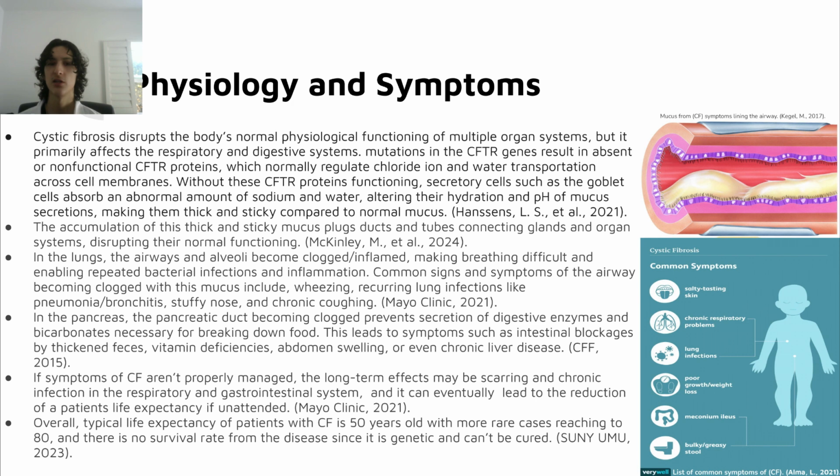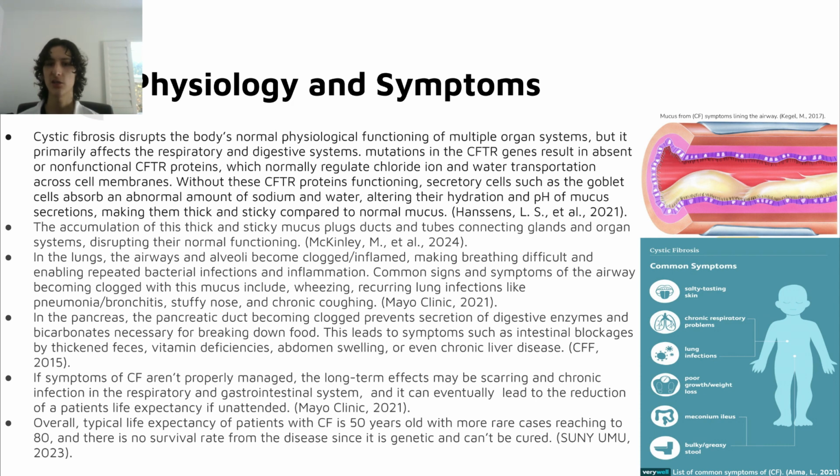In the lungs, the airways and alveoli become clogged or inflamed, making breathing difficult and enabling repeat bacterial infections and inflammation. Common signs and symptoms of the airway becoming clogged with this mucus include wheezing, recurring lung infections like pneumonia or bronchitis, stuffy nose, and chronic coughing.